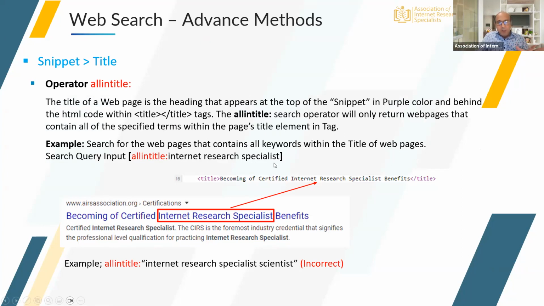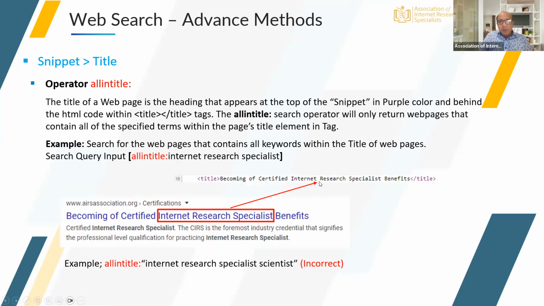However, with all in title, the caveat here is that without enclosing all three of them within quotes, you're just telling the search to find them anywhere in the title statement. So if it is a title tag, for instance, this one, it is saying internet, research, specialist, all three words being present, whereas the statement may not have them in the sequence as they're placed after the colon sign.